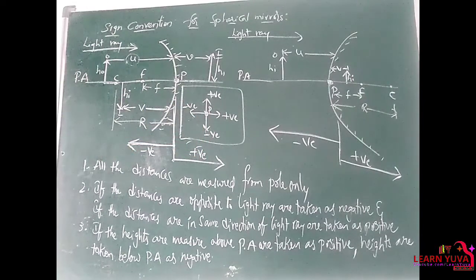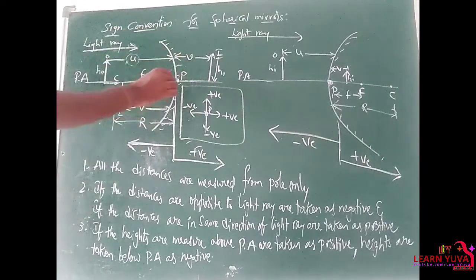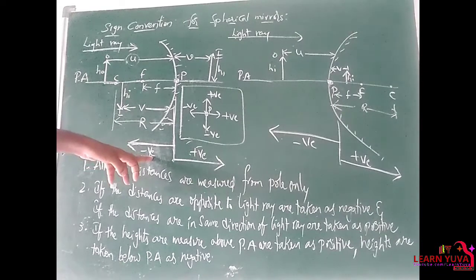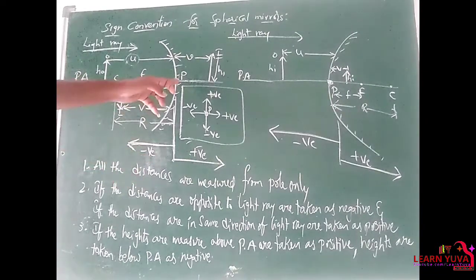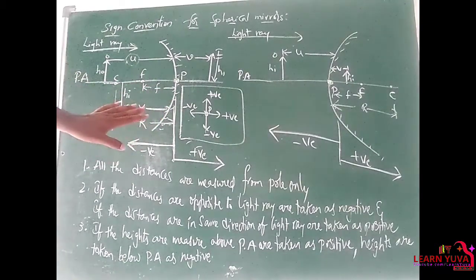So by applying these three rules, you can get either positive or negative values of O, u, v, f, R, I. So for concave: u negative, v negative for real image, v positive for virtual image. Focal length is also moving left hand side, so focal length is also negative. Radius of curvature from P to C is also moving left hand side, so radius is also negative.